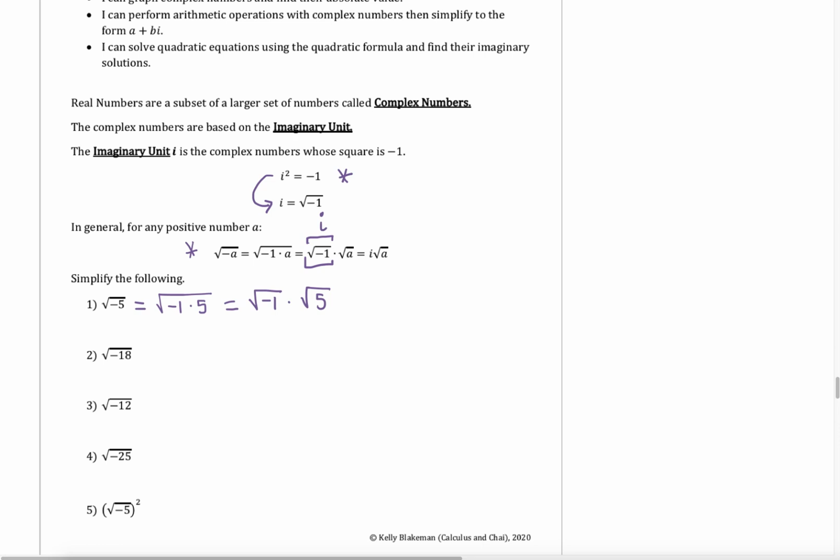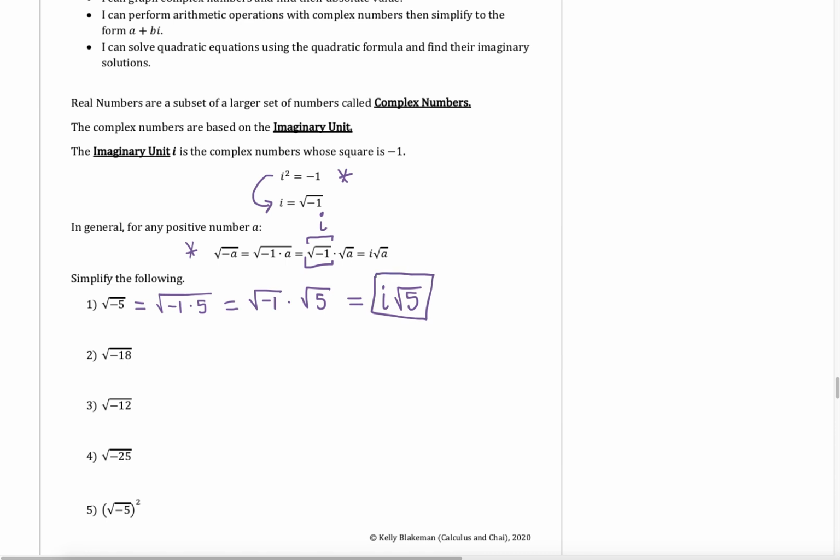Using our definition of the imaginary unit i, we know that the square root of -1 is equal to i, so I end up with i then times our square root of 5. And since 5 is not a perfect square, nor has any perfect square factors, we cannot simplify that anymore. And that would be our final answer there.